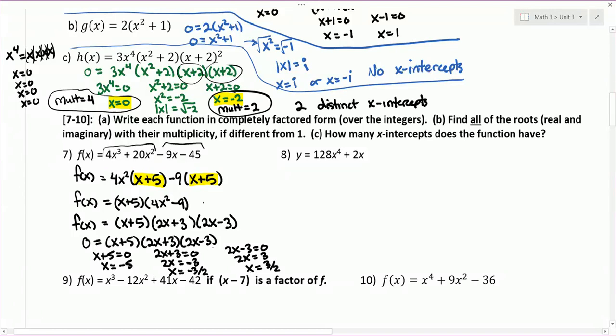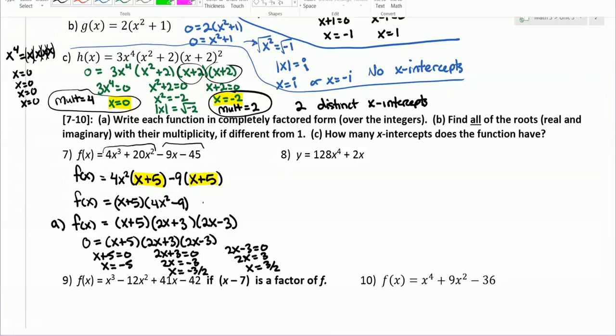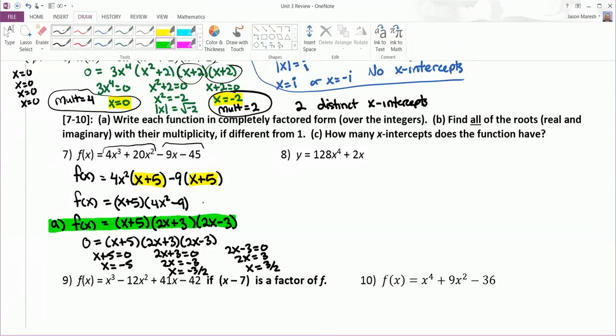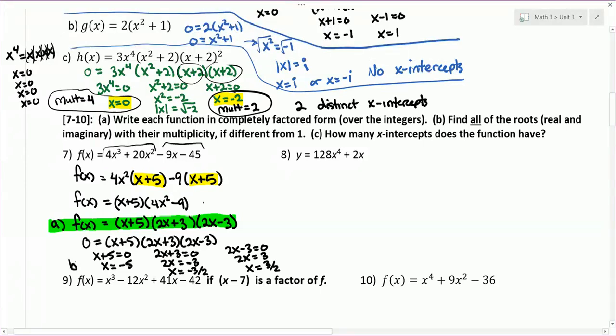Part A said to factor over the integers. Part B said to give all the roots, real and imaginary.